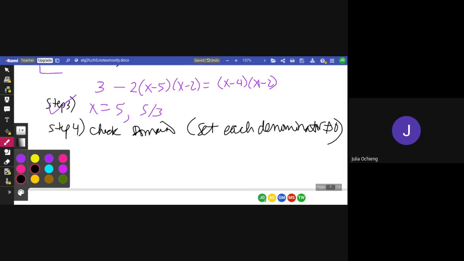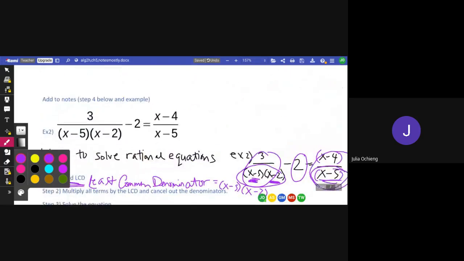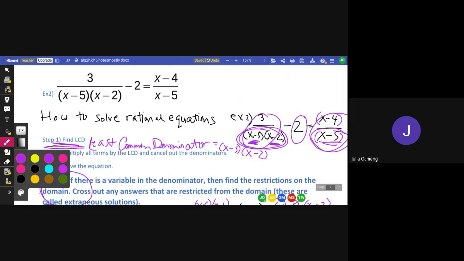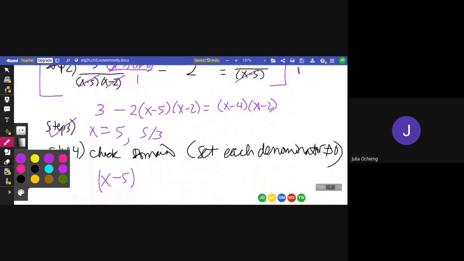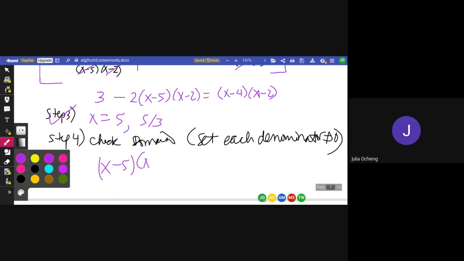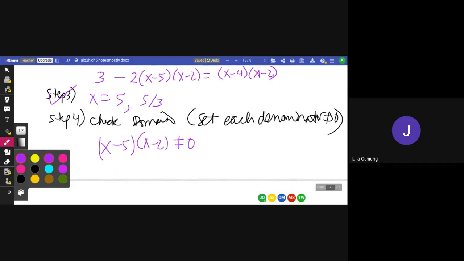So my first denominator was x minus 5 times x minus 2. So I'm just copying it from the original problem. X minus 5 and x minus 2 cannot equal 0. That means it's already factored. So x minus 5 cannot equal 0, and x minus 2 cannot equal 0. Add 5 to both sides. So x cannot equal 5. Add 2 to both sides, and x cannot equal 2.